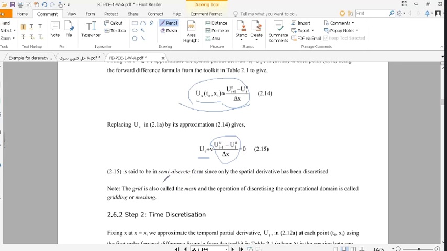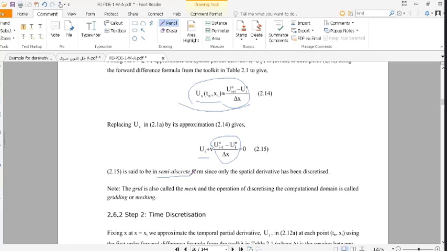This is a semi-discrete formula. Why? Because we only discretize the spatial variable. We discretize x, not t, and t is constant. Okay, this is the semi-discretization formula. This is the method of lines.